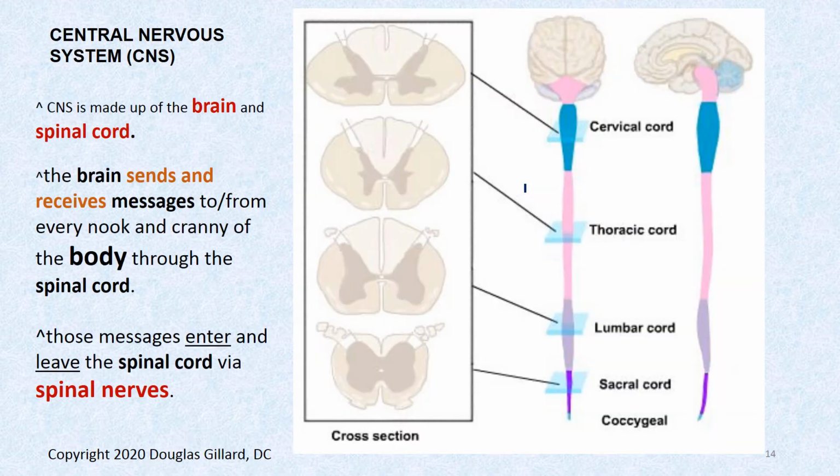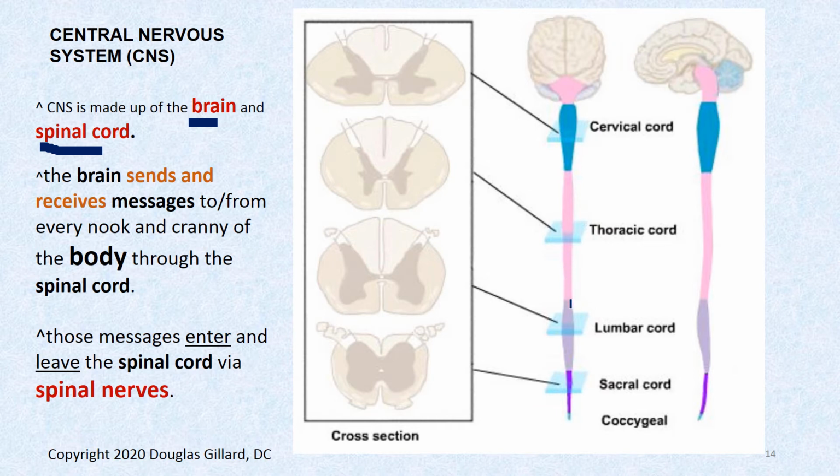All right, here comes the neuroanatomy. Just some very basics. I mean, you're going to have plenty of classes in this. But remember the body basically has a central nervous system, a peripheral nervous system, and an autonomic nervous system. The central nervous system is made up of basically the brain and the spinal cord. There's the brain, there's the spinal cord.